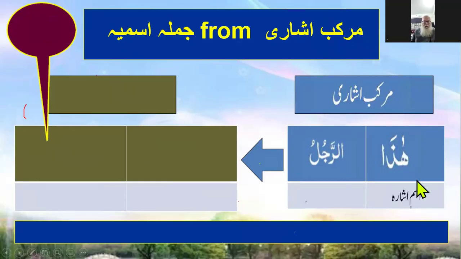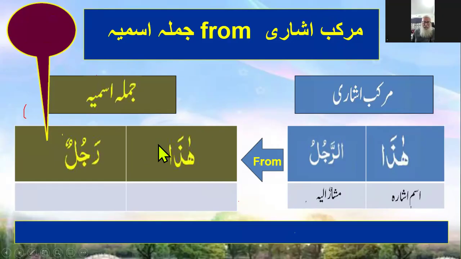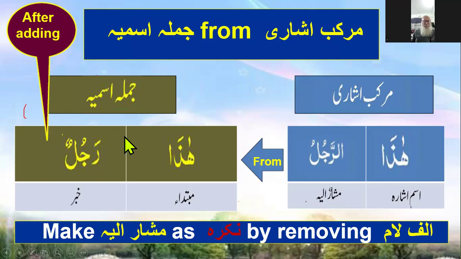We say ism ishara and mushar ilayh. We want to convert it into a jumla ismiya. Now, what we should do, we add something at the end of this. Haza rajulun, nakira. So we made it nakira, so it becomes a jumla ismiya. Haza is the mubtada, rajulun is the khabar because it's nakira. Both are in the state of raf.